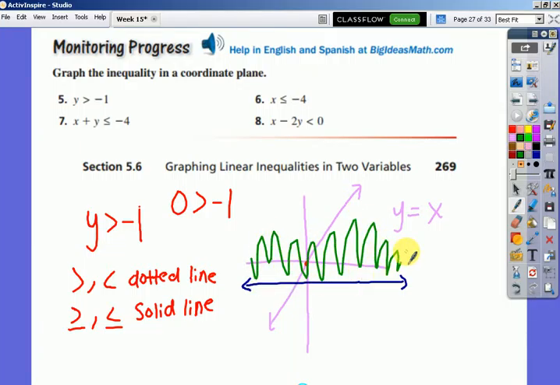And I'm actually going to teach you a simpler way to do it than what your book says. The easiest way to figure out where to shade is the direction of your inequality. If it is towards the y, and I would write this down, I'll do different scenarios. If it's towards the y, away from the y, towards the x, or away from the x.